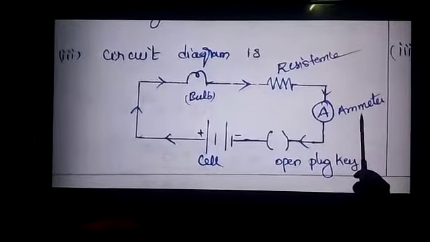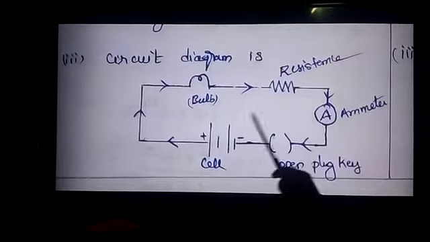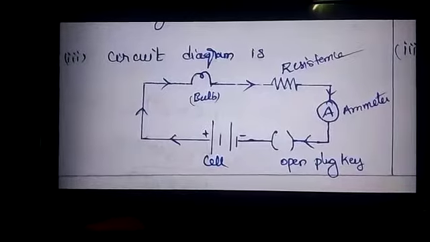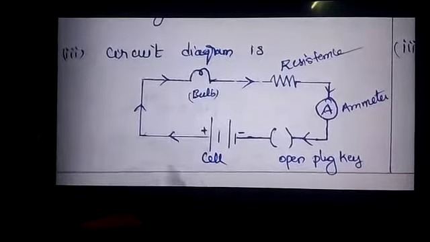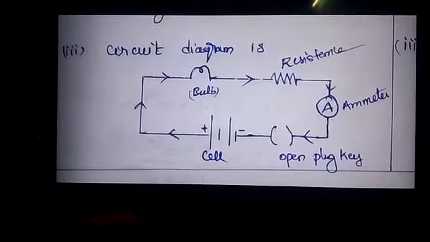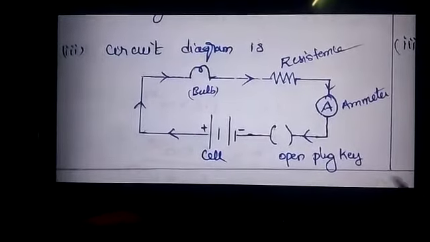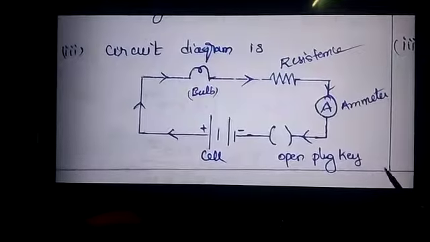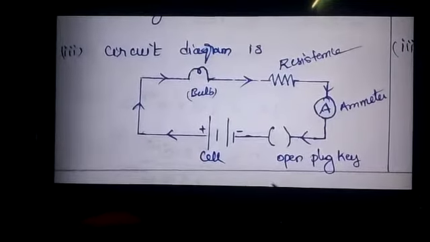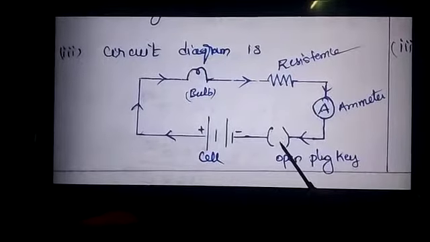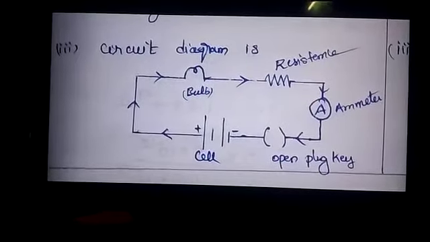This is the ammeter, this is the resistance, and that is the bulb. The current flows in this direction. See these arrow marks: the arrows show the charge flowing from the positive to the negative terminal of the cell. This is an open circuit because there is no plug.